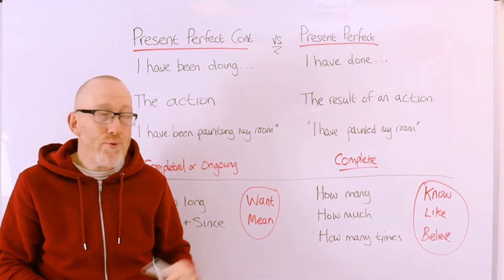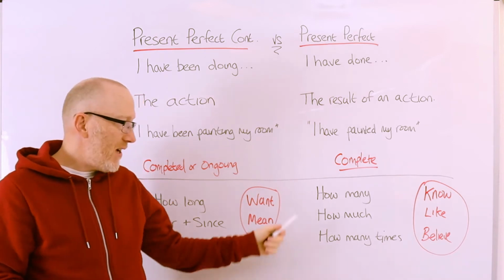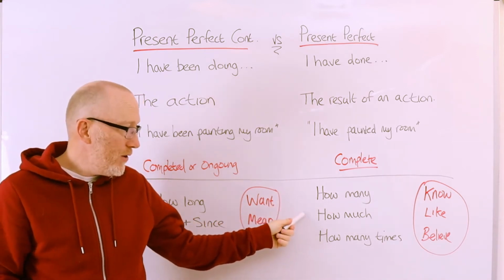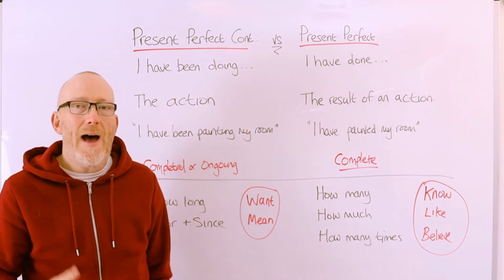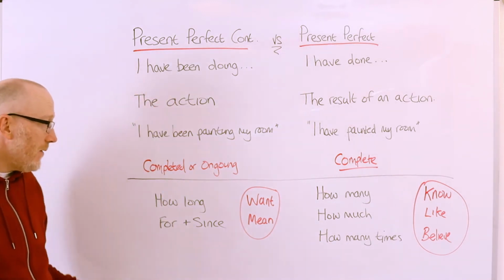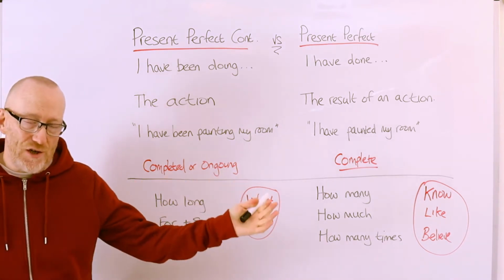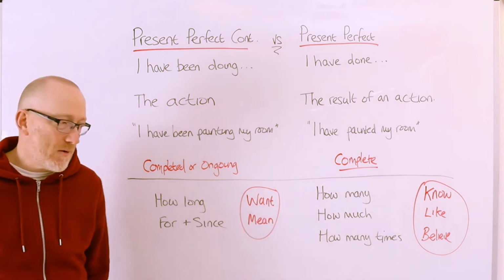So when we're using the present perfect, we're mostly concerned with issues such as how many, how much, or how many times an action has been completed. But with the present perfect continuous, we're more interested in the duration of the action that we're describing.